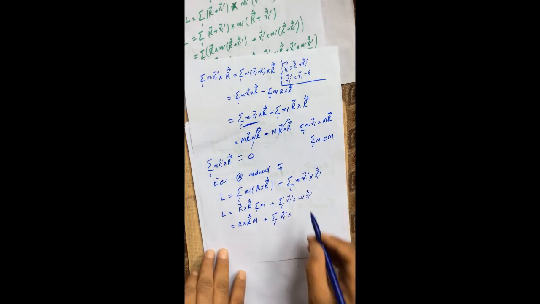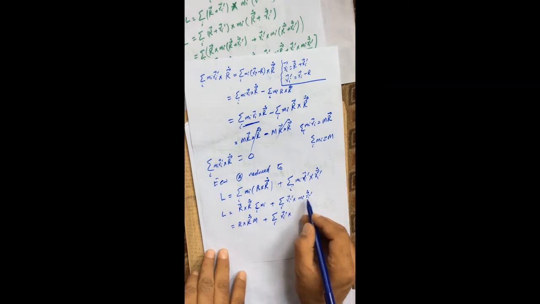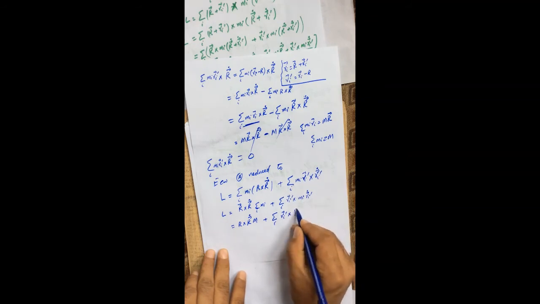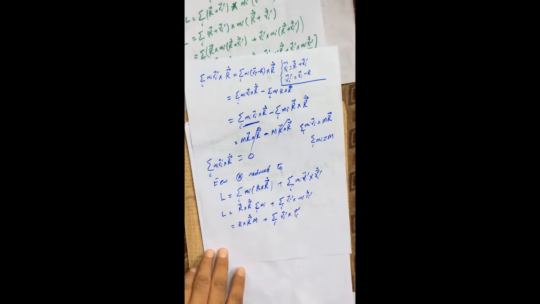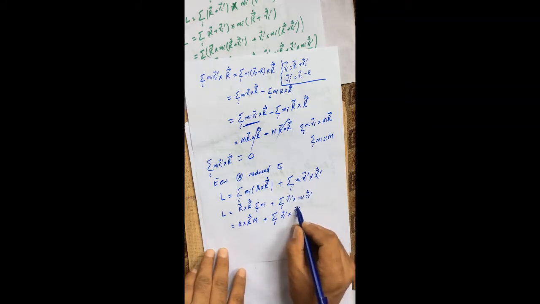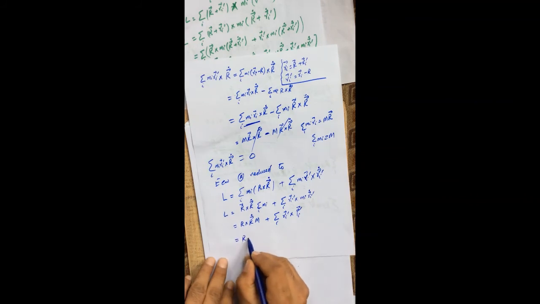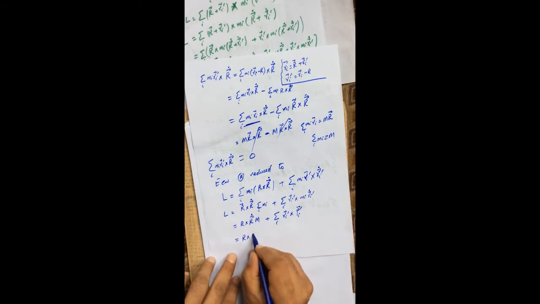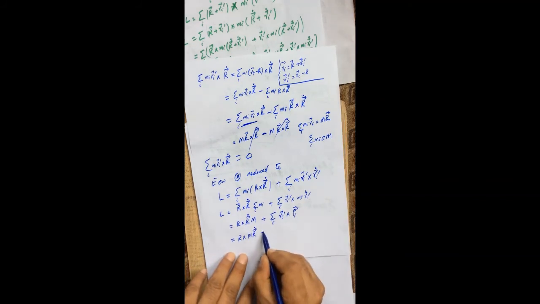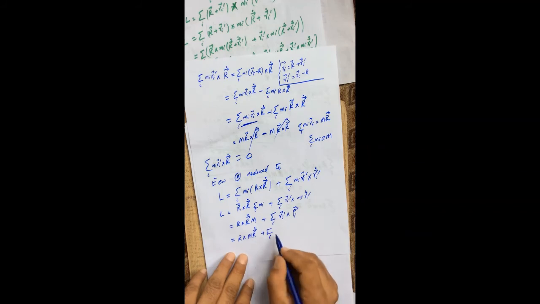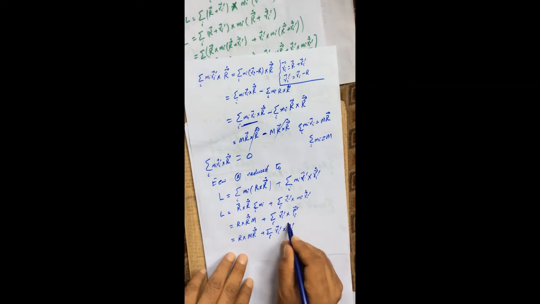This is mass times velocity, which is equal to momentum, the momentum of the ith particle with reference to the center of mass. So we have pi prime here. I can write it like this: R cross, I'll bring it to this side, m R dot, and then we have plus sum over i of Ri prime cross pi prime.